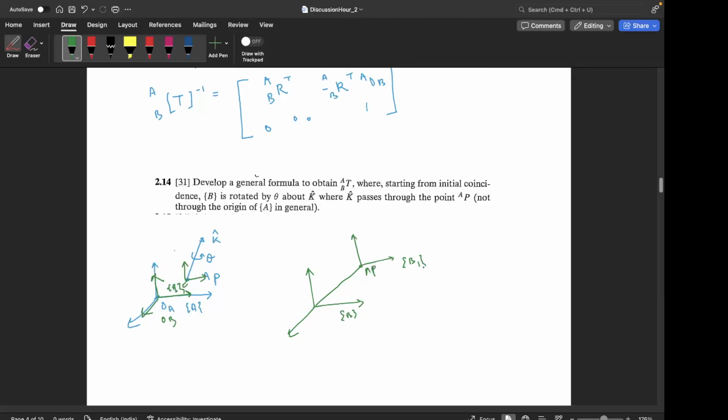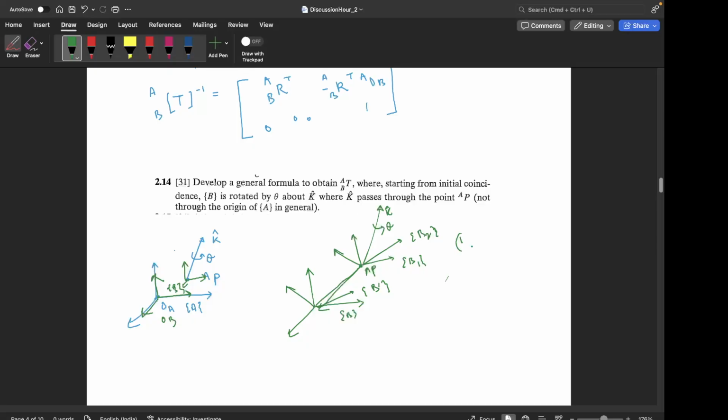This is B1, right? Then we rotate this frame by theta to get, let's say, frame B2, and then we translate again back to here and bring that rotated frame here to get the final frame, that is B dash.